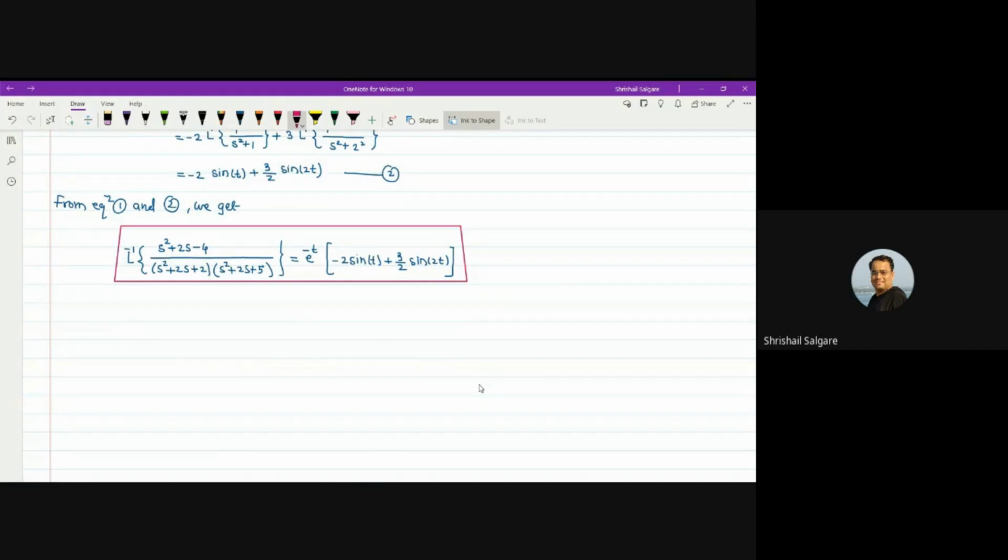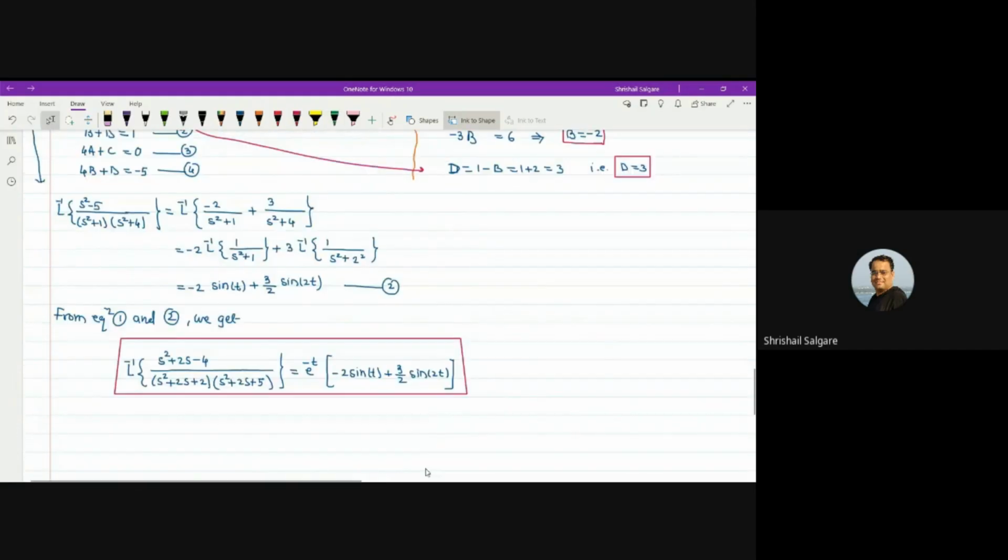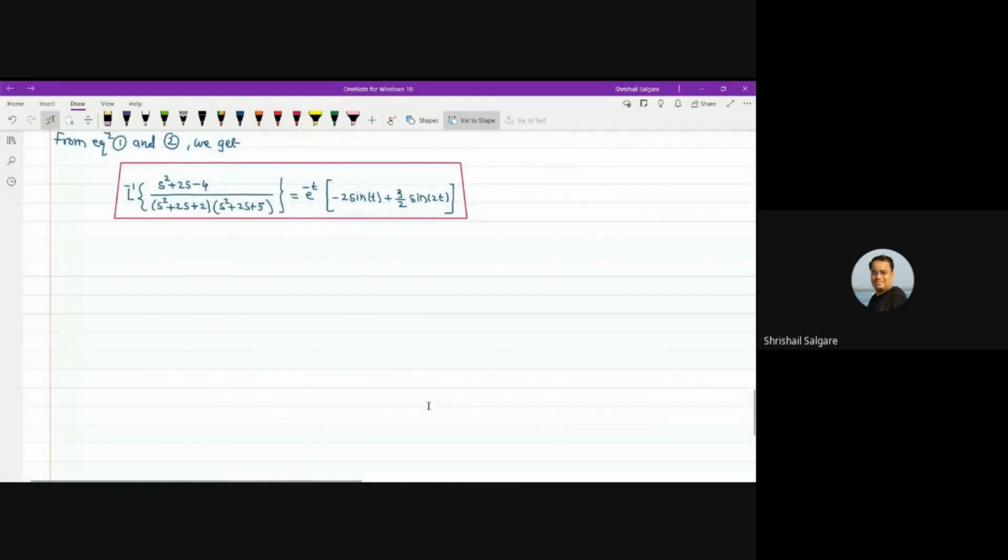So the same kind of example I will give as homework, 2 examples. Next, the 11th.